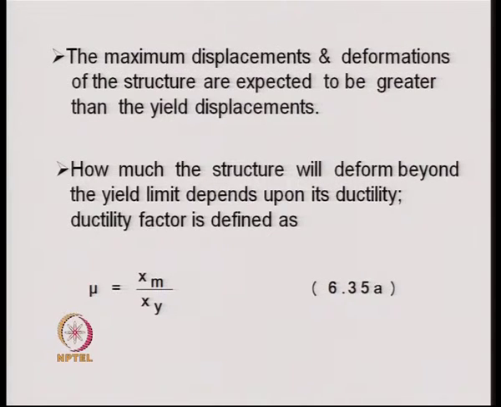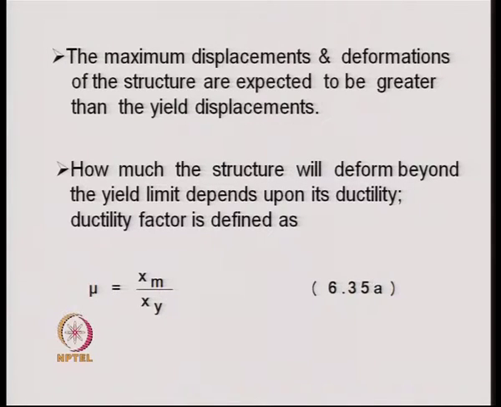The maximum displacements and deformations of the structure are expected to be greater than the yield displacements, and that gives rise to the concept of ductility. However, there could be a situation where the maximum displacement or deformation in a structure may become less than the yield displacement. That kind of scenario can also happen.